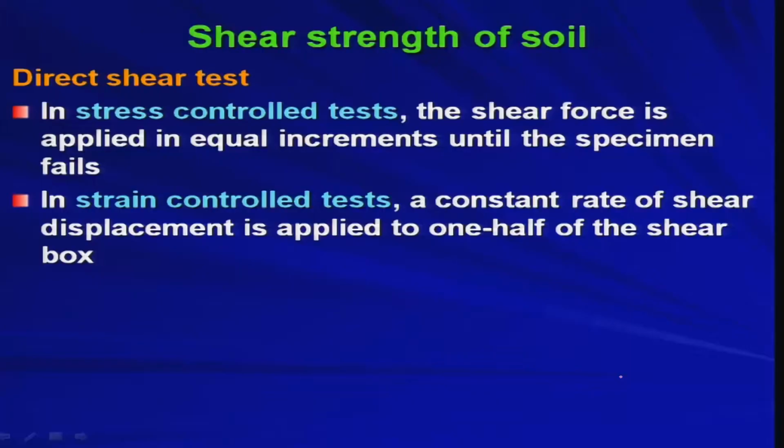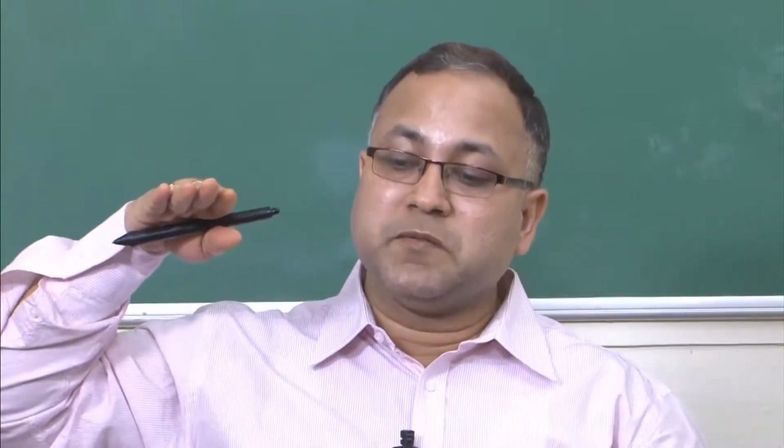So, here actually you are controlling the stress, whereas in case of strain control test, a constant rate of shear displacement is applied to one half of the shear box. That means the rate of shear displacement is constant.